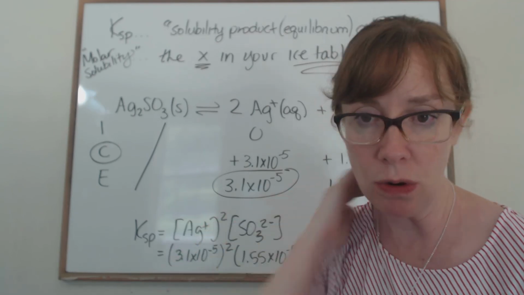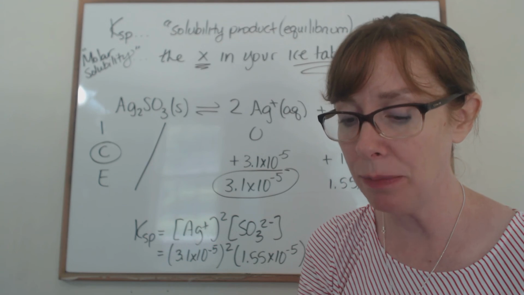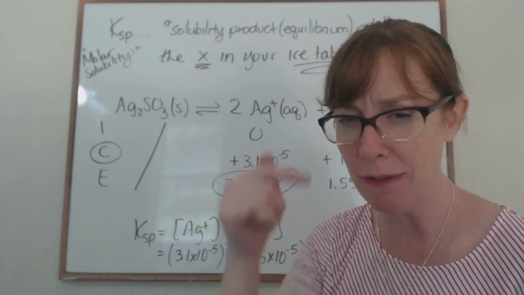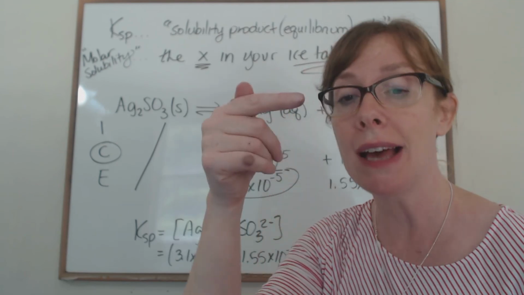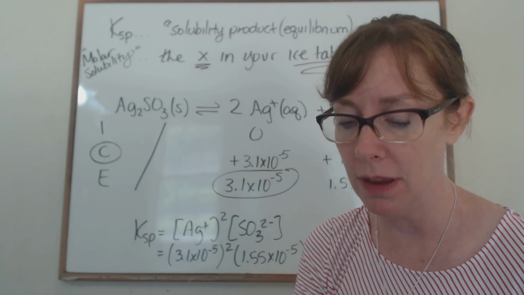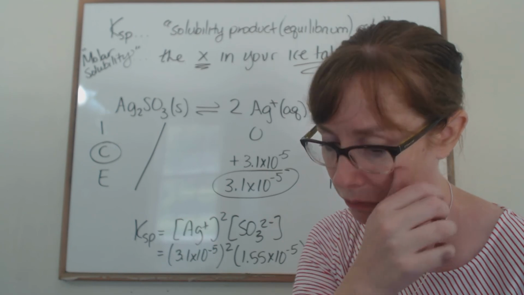So the bottom 2 are both going to make buffers. The middle one on the top row that has both HF and HCl, definitely not going to make a buffer, because you have a weak acid and a strong acid. That's not a buffer. A buffer would have a weak acid and its conjugate base. Strong acid, no. So that would not be a buffer solution.